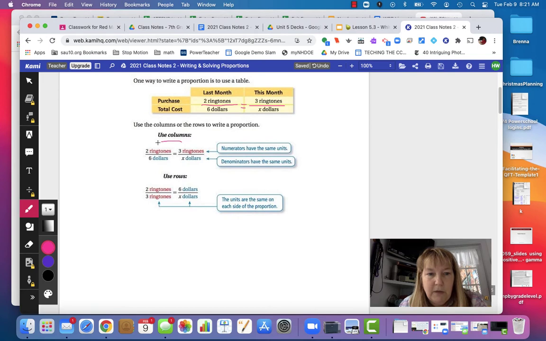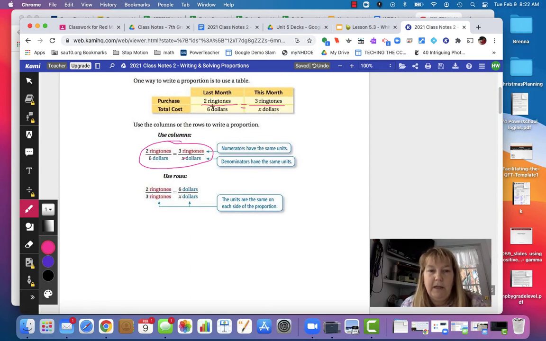And that's what they used here in this case. So we wrote them. It was 2 ringtones for 6, 3 for x. And things to keep track of here is that the ringtones are both in the numerator and the dollars are both in the denominator. So the denominators have the same units and the numerators have the same units. That's one way of writing it.